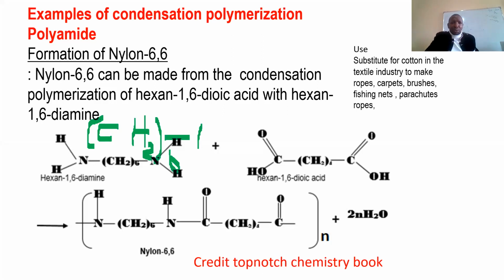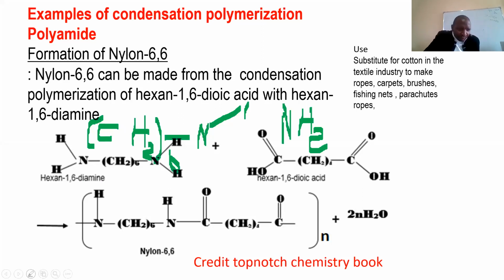The amine group is NH2: nitrogen, hydrogen, hydrogen. That is what we call 1,6 because there are 6 carbon atoms. So this is hexane-1,6-diamine. It has an amine group, NH2, and there are two of them, which is why we call it diamine. So there are 6 carbon atoms.